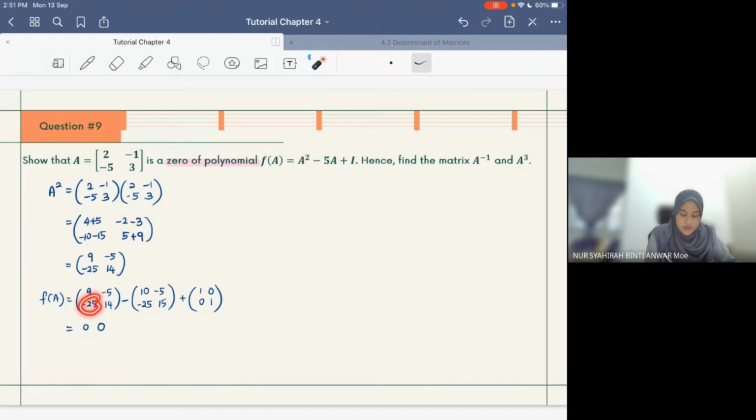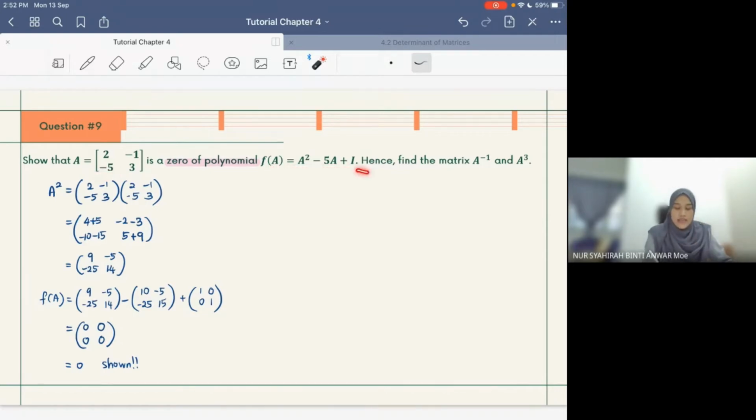Negative 25 plus 25 will be 0 again. And the last one also gives 0. 14 minus 15 plus 1. So here we get a zero matrix. So it is actually equal to zero. So we have shown that when A is substituted into this polynomial, we get 0.